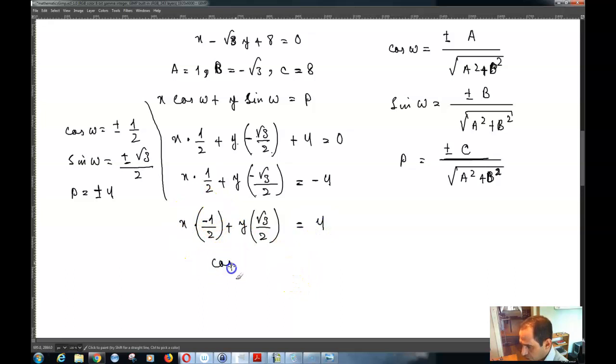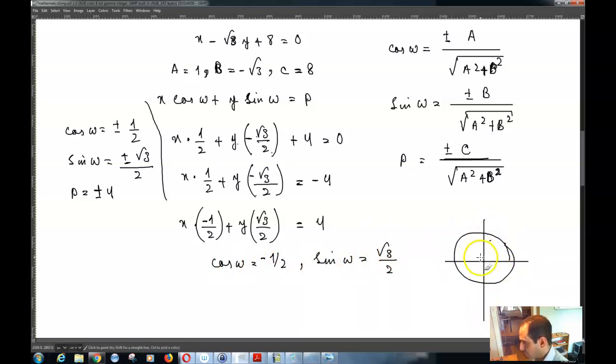Now your cos omega is equal to -1/2, and your sine omega is equal to square root of 3/2, which is, your cos is negative, your sine is positive. That means that you're in the second quadrant. You are in the second quadrant over here. So this is 60 degrees, let's say.